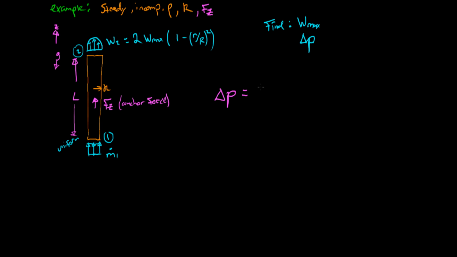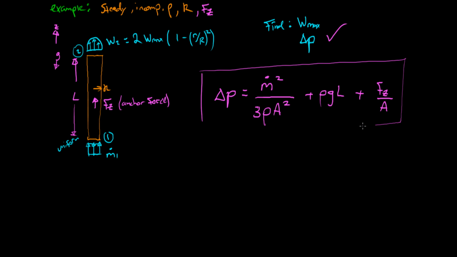That delta P would turn into m dot squared divided by 3 rho times the area squared, plus rho G times L, the length, that's the weight there, plus the anchoring force over the area. This turns out to be everything you need to find delta P in terms of things we're given in the original problem statement.